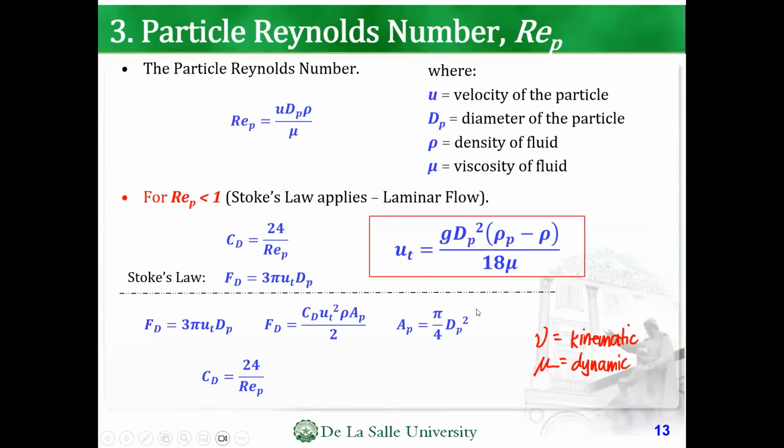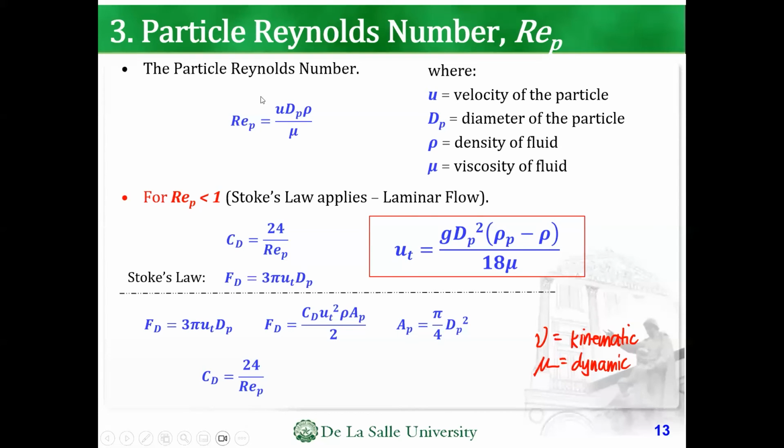This is the general form, the general equation of the terminal velocity: g dP squared, density of the particle minus density of the fluid, over 18 mu. Now, again, these are some of the formulas to come up with this, to simplify that.